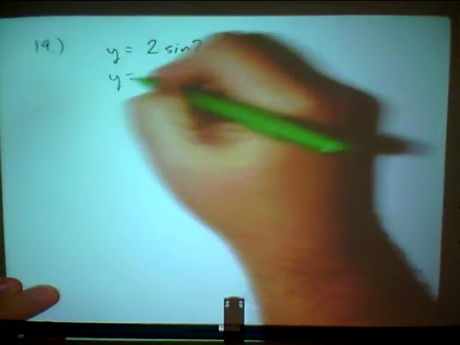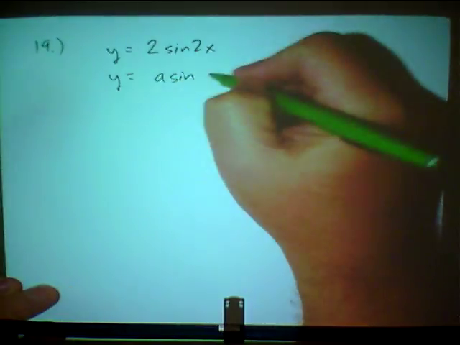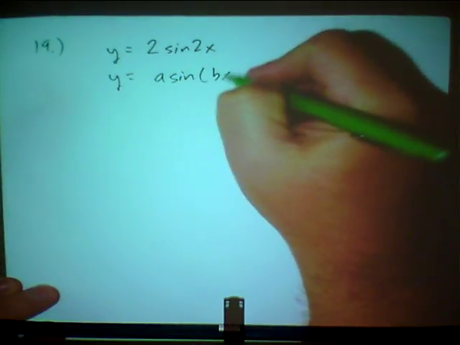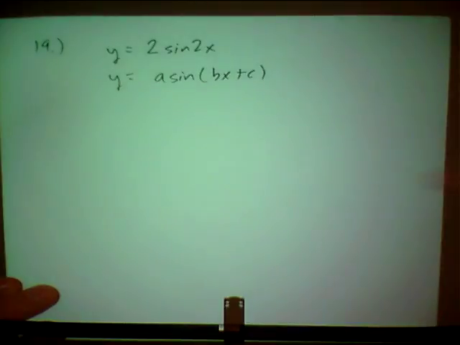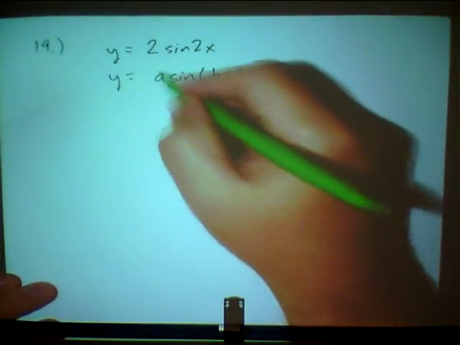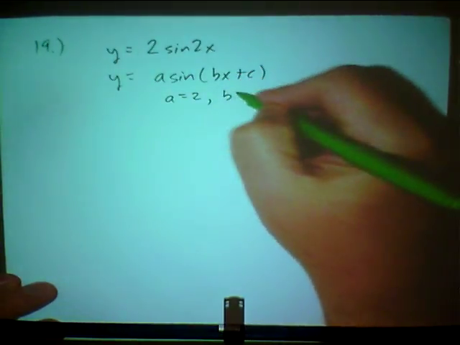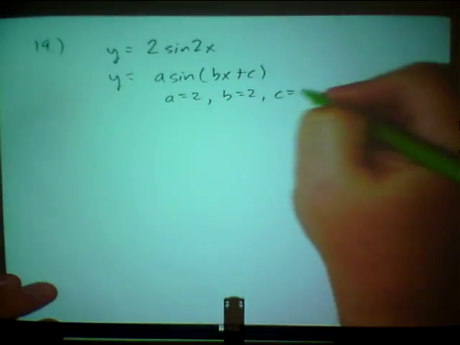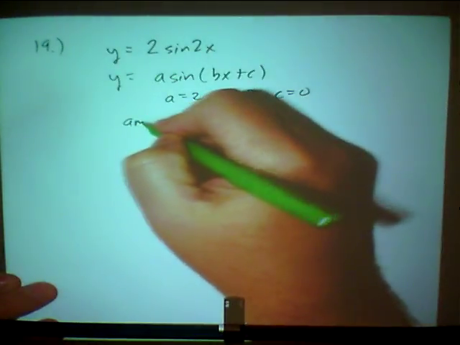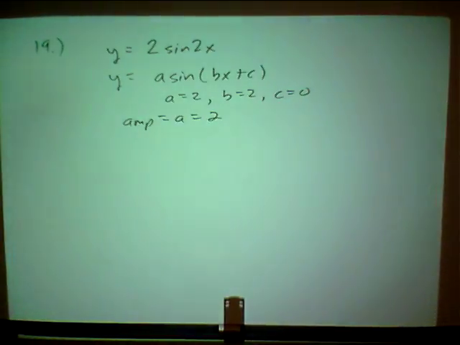Now I know my base equation is a sine bx plus c, right? So I know the amplitude is a. Well, let me just show you. So a is going to be 2, b is going to be 2, and c is 0. The amplitude is just equal to a, so it's 2.